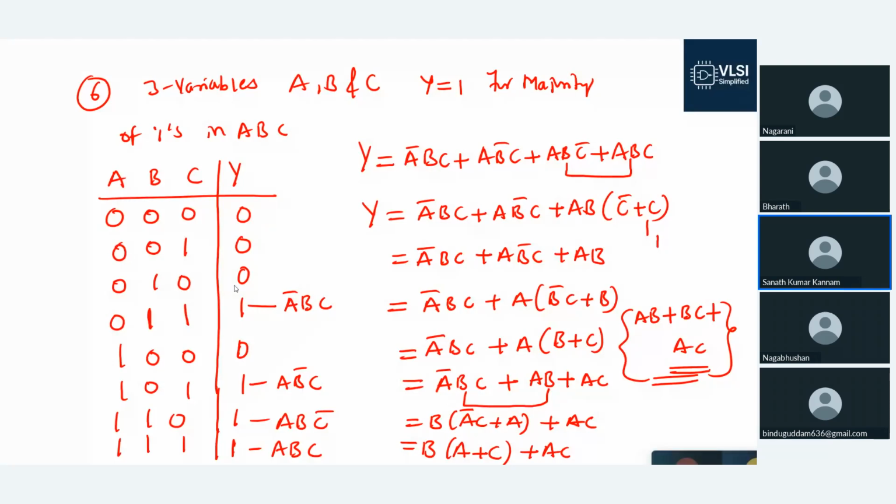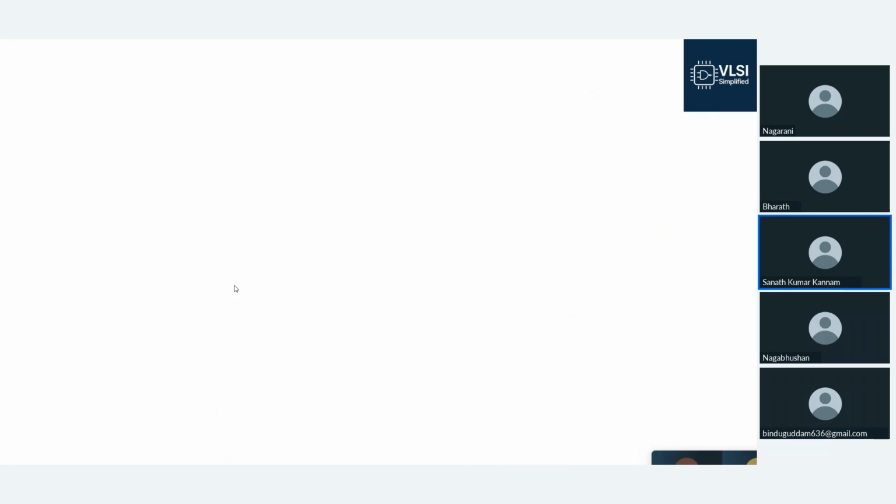I told you about the dual. Dual means OR will change to AND, AND will change to OR, zeros will change to ones, and ones will change to zeros. That is the dual of the function.